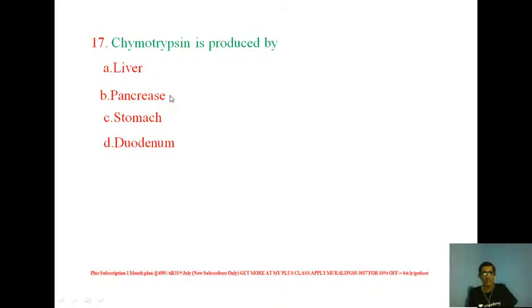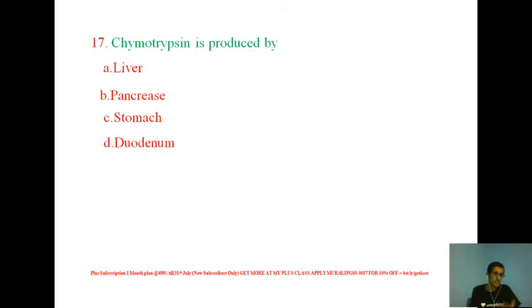Pancreas will give chymotrypsin, so it is an enzyme. From which part of the pancreas is it produced? It is from the exocrine part of the pancreas. What will the endocrine part of the pancreas produce? Hormones. The endocrine part has alpha cells, beta cells and delta cells. Alpha cells produce glucagon, beta cells insulin, and somatostatin from delta cells.